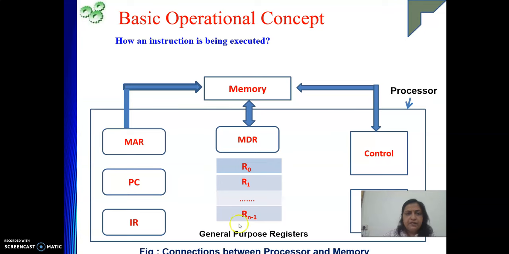In this diagram, we have just mentioned the components, but we have not shown the connectivity between them. They are also connected. Then only PC content can go to MAR. IR data will be connected to your decoder. Decoder is connected to your control unit. Then control unit is connected to ALU to perform a particular operation.